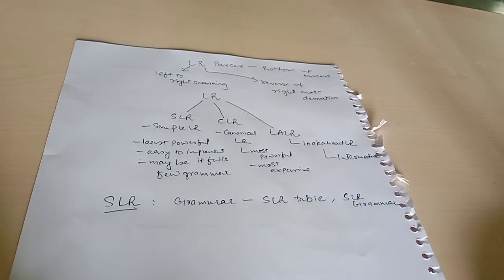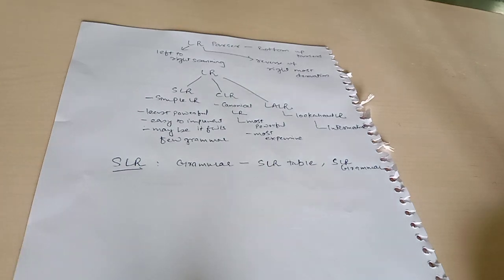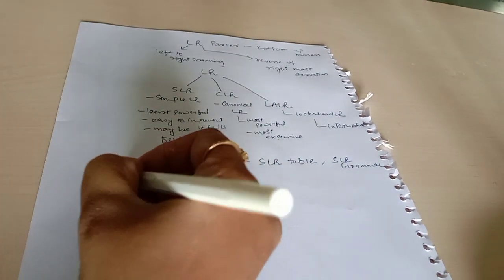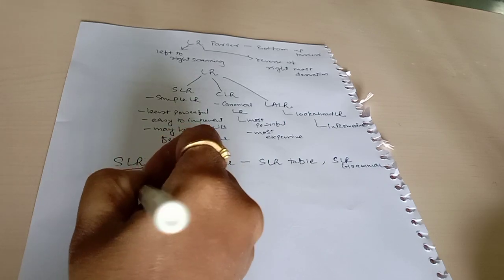Now, to create the SLR parsing table, we need to identify the item sets and the different states on which the different productions are used. To do that, first of all, in this technique we have to make the grammar an augmented one.